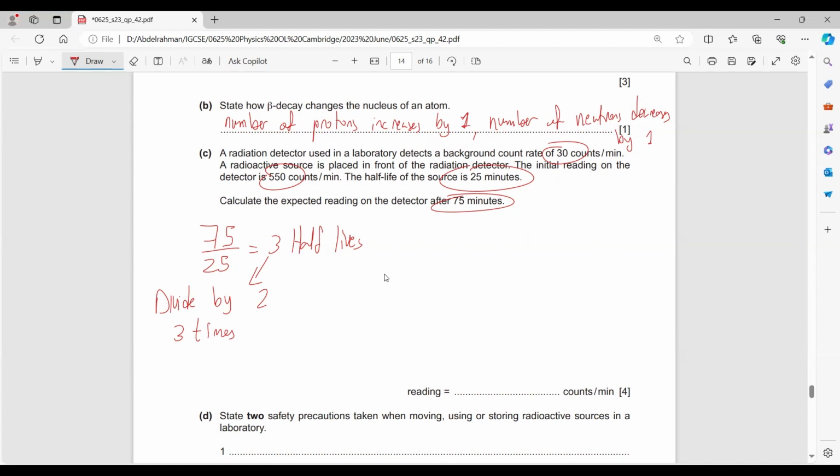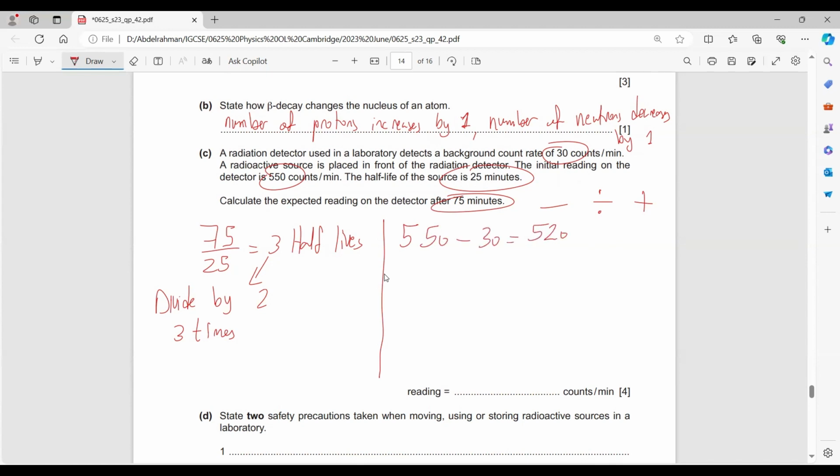Then, what should I do? First subtract, then divide, then add. Initially I subtract the background: 550 minus 30 is 520.